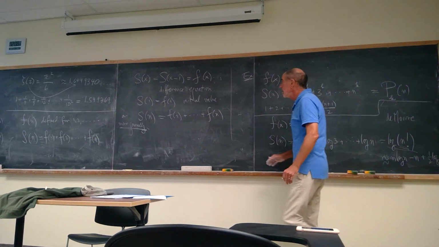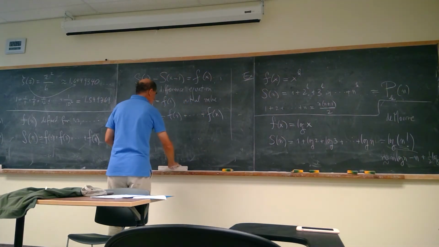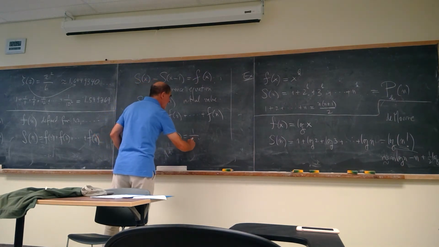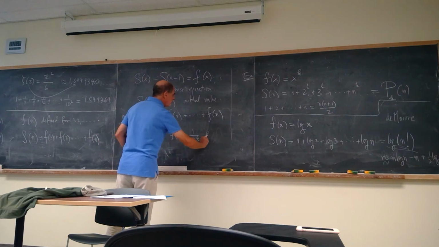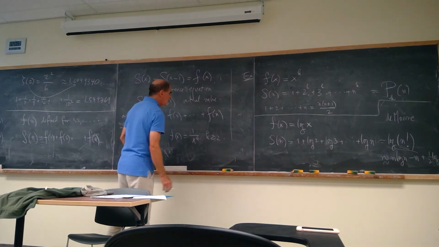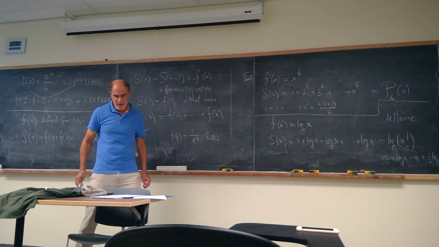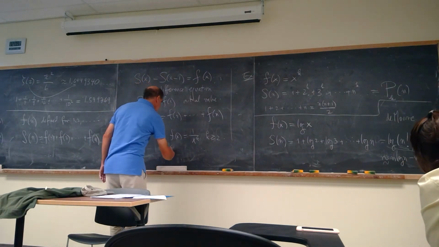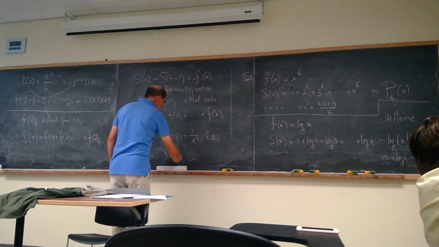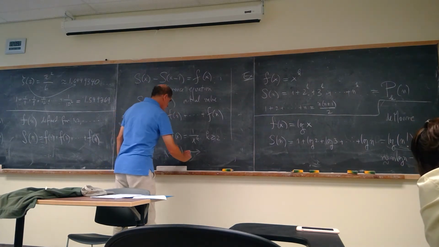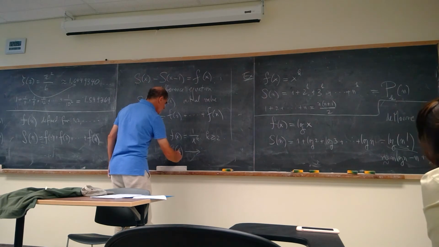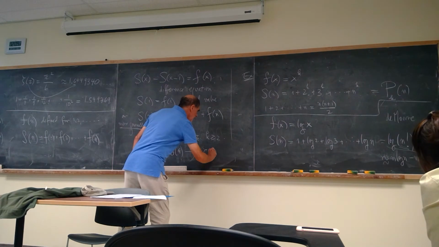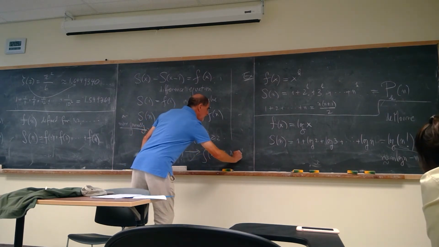And finally, what he's really going to apply it to is f of x equal to 1 over x to the k, k bigger than 2, and then s of n converges to zeta of k as n goes to infinity, right?